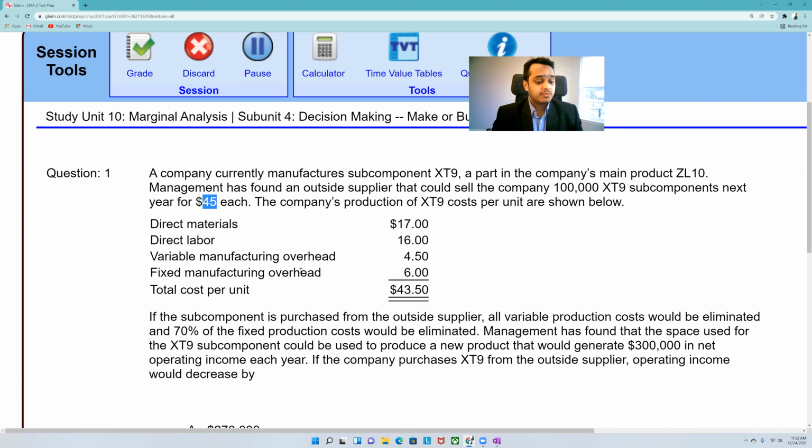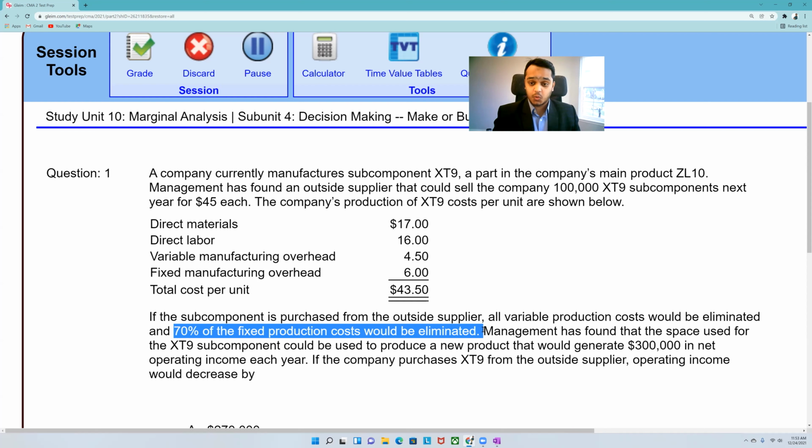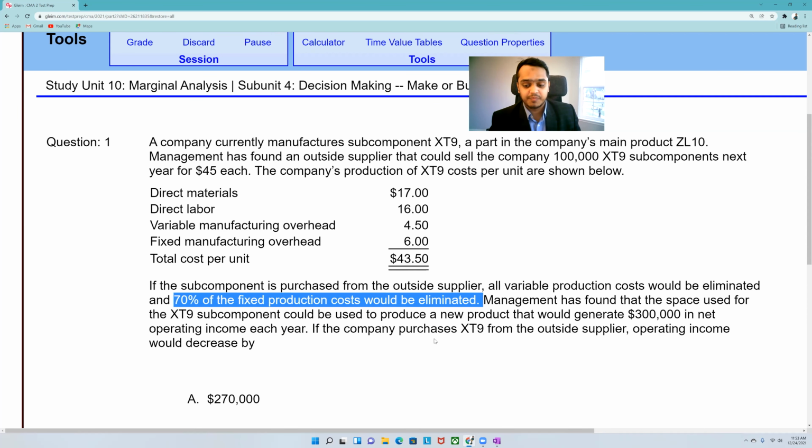$43.50. Now, if the subcomponent is purchased from the outside supplier, all the variable costs would be eliminated, and 70% of the fixed production cost would also be eliminated.